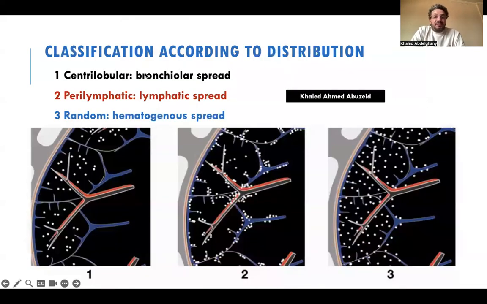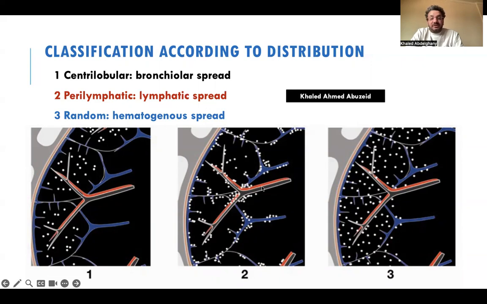In this slide, when we deal with multinodular lung, we place them into either centrilobular distribution, no nodules to be seen along the pleural surface, and lymphatic, the nodules are due to lymphatic spread.